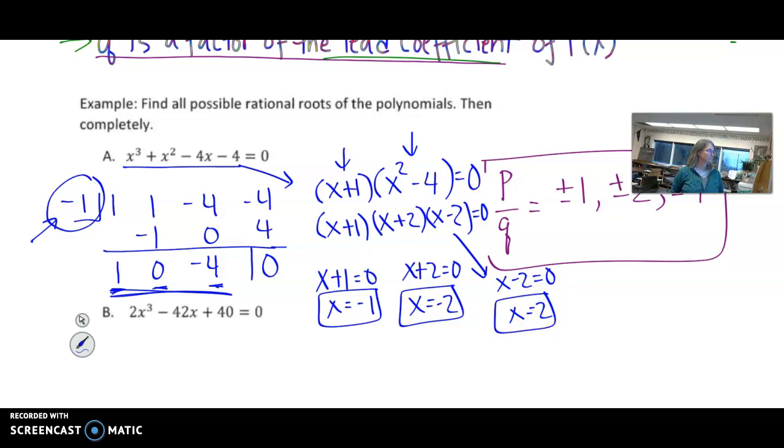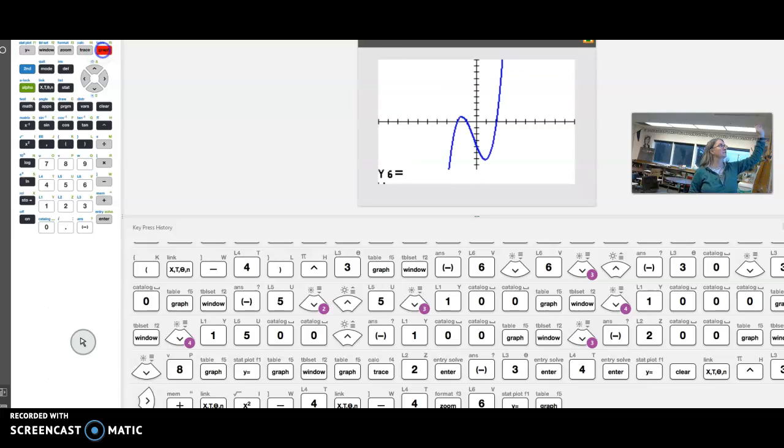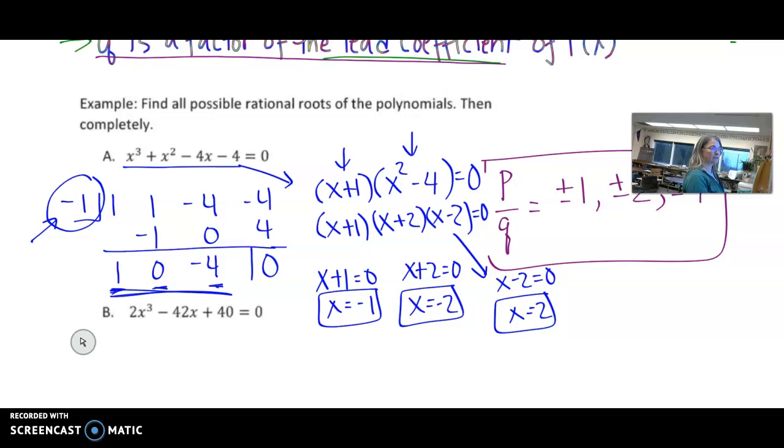Okay, so I'll graph this on a calculator, and we'll see that those are indeed our zeros, which are going to be x-intercepts because they are real numbers. So in y1 I have the equation x cubed plus x squared minus 4x minus 4, which is what we just factored. And then if I go here and I trace, what were my zeros? I had zeros of negative 1, negative 2, and positive 2.